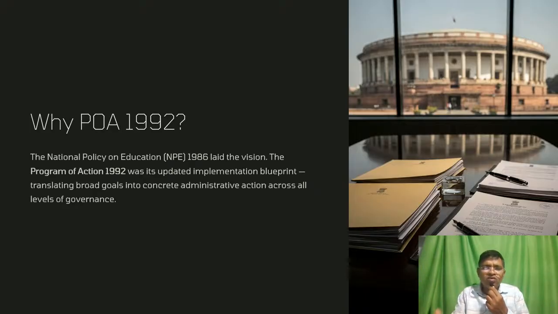We'll see there are four levels: national level, state level, district level, and village level. So let us see one by one.